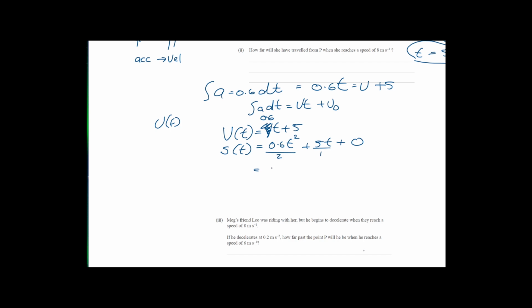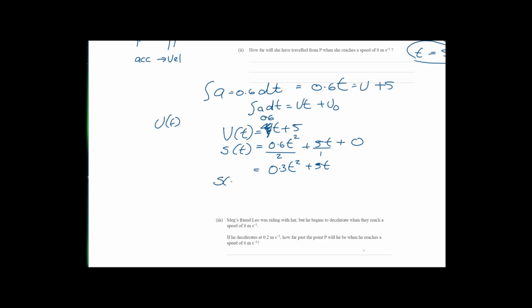So the amount traveled at any time is going to be 0.3t squared plus 5t. And then we set t equal to 5.